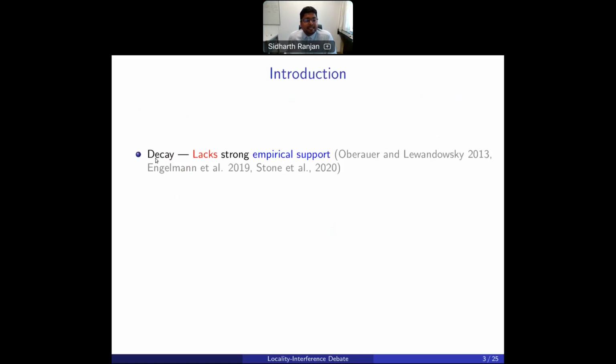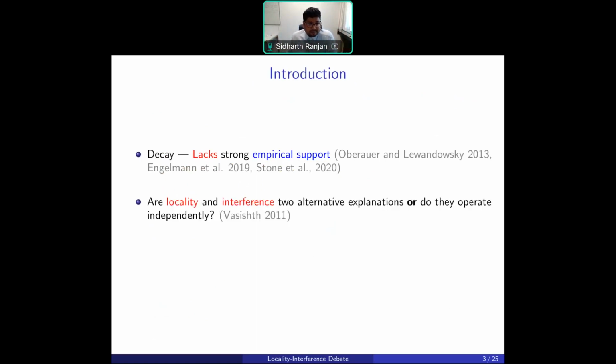But the cognitive construct behind locality, which is decay, lacks strong empirical support in the sentence comprehension literature. Therefore, it's not clear if the locality effect that we see is explained by the decay-based mechanism, or whether other mechanisms such as interference really cater to those observed effects.